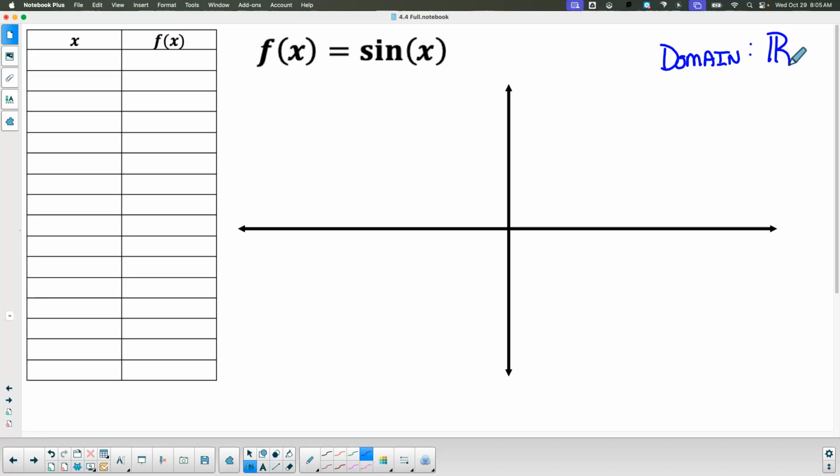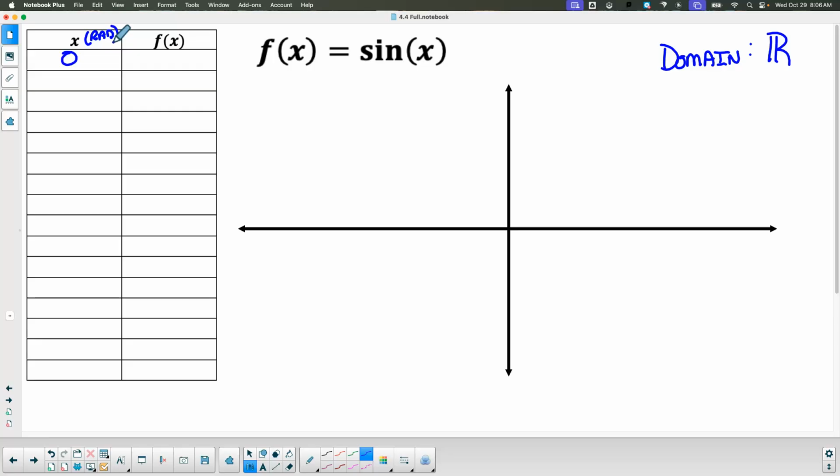So if I input an angle, and these are all in radians, if I put in 0 into my sine function, what is the sine of 0? 0 degrees, 0 radians. You should have this memorized, just as an FYI.